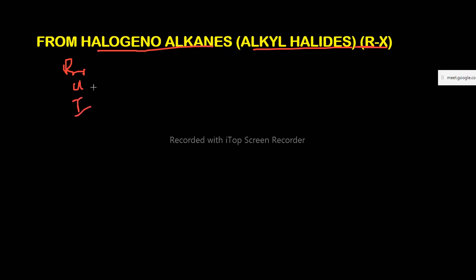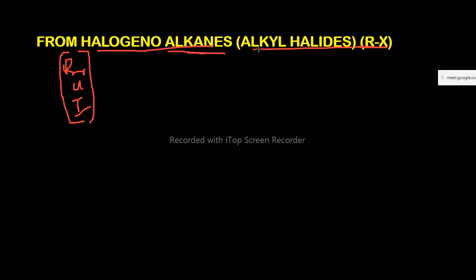So these are the most common halogens that we shall find in organic chemistry. Fluorine is too reactive, too electronegative, and will tend to form unstable organic compounds which do not exist.